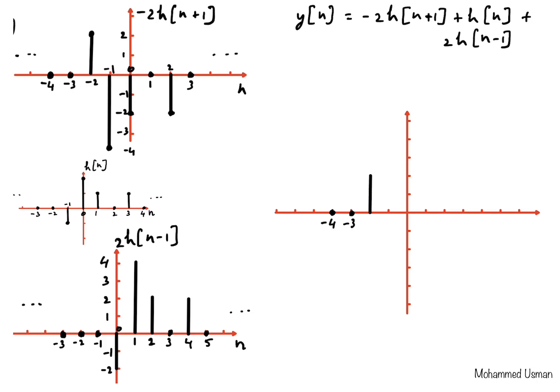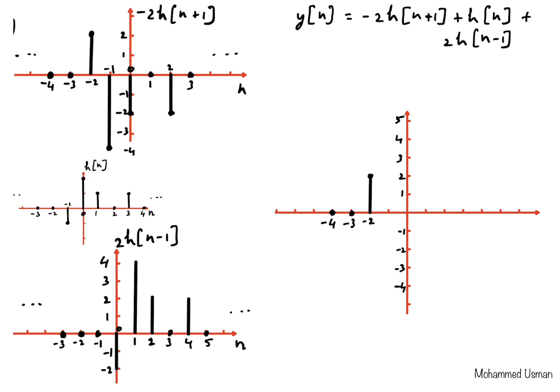So that's our y-axis values. So that's 1, that's 2, that's 3, 4, 5, and so on. Similarly here, minus 1, minus 2, minus 3, minus 4, and so on. Okay, so for n equal to minus 2, we get 2 plus 0 plus 0, which is 2.